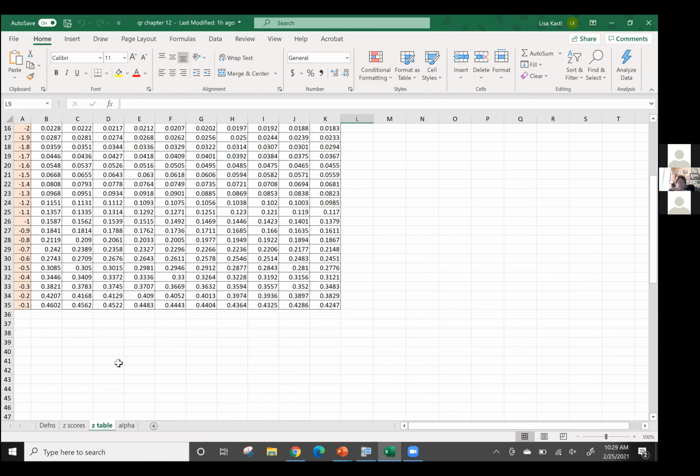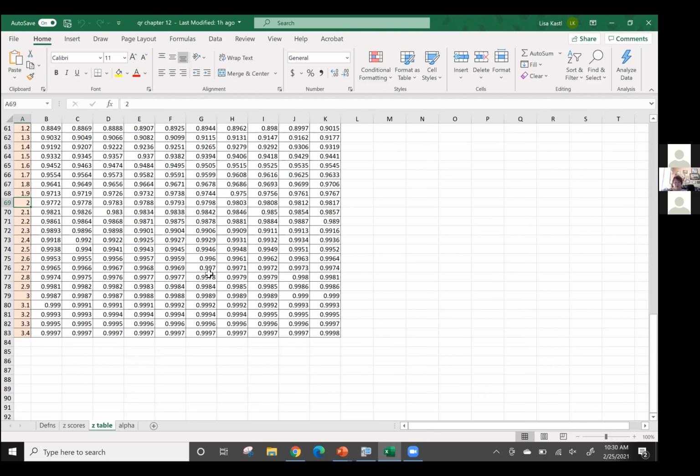And the number to the right of it is the area under the curve for a z-score of 2. So it's the area to the left of 2, the area under the curve, which is 0.9772. That's what we found on our calculator.